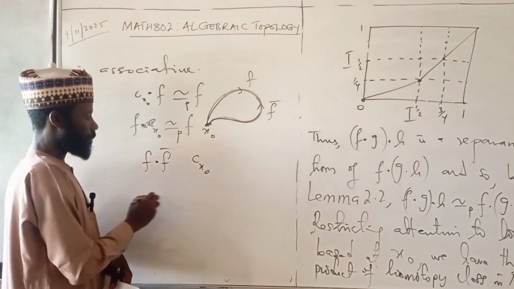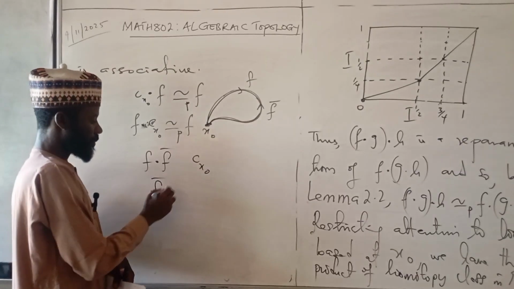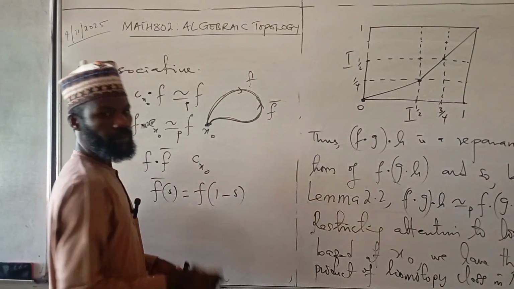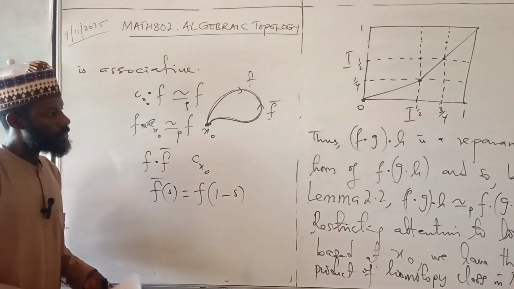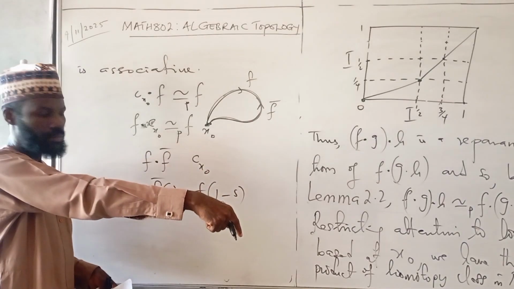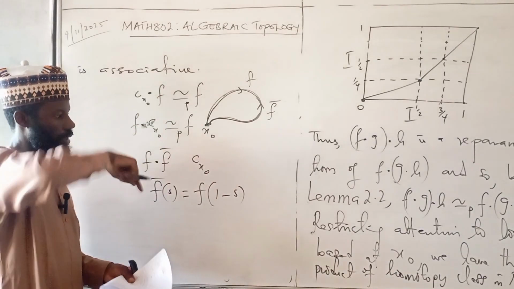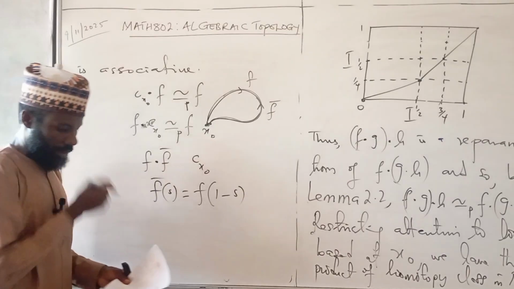How do you define f bar? F bar of s will be equal to f of 1 minus s. Okay, so that at 1 it is 0, and at 0 it is already 1, so you are coming backward.